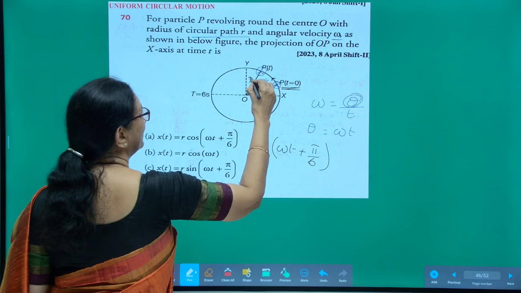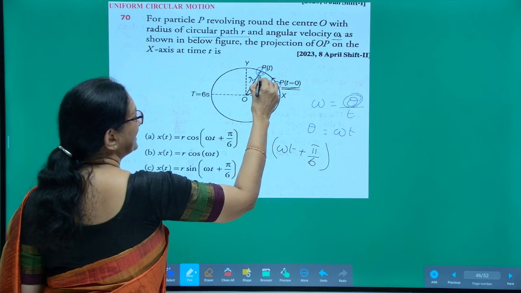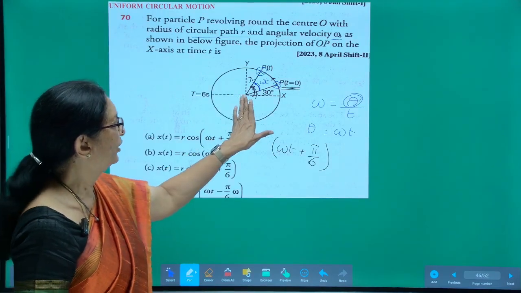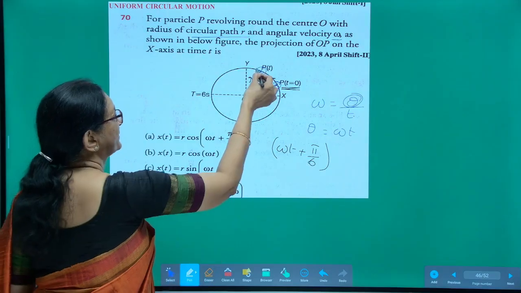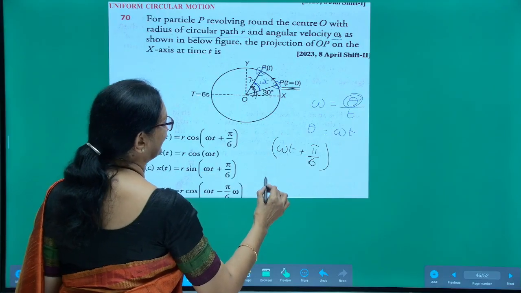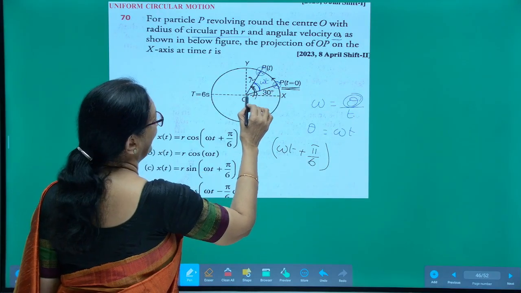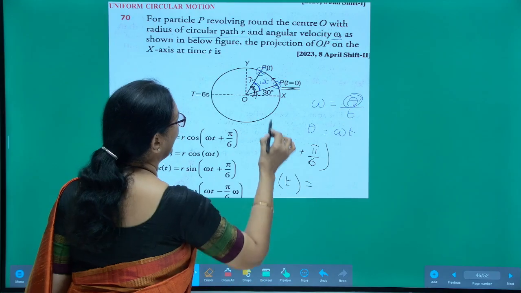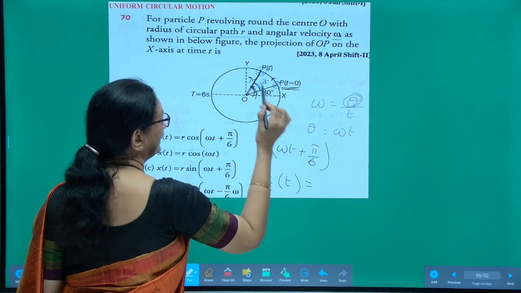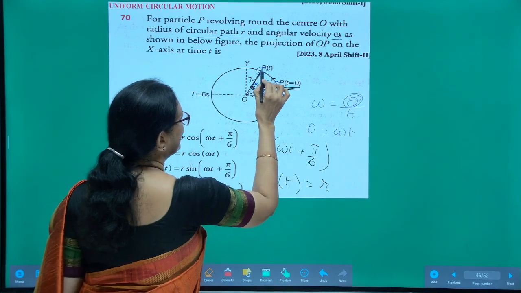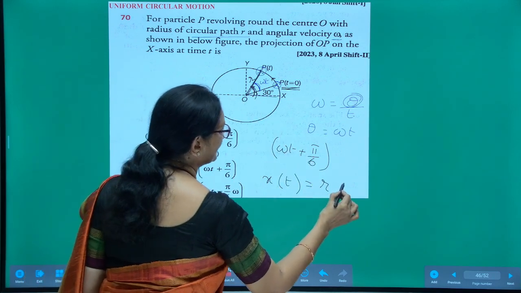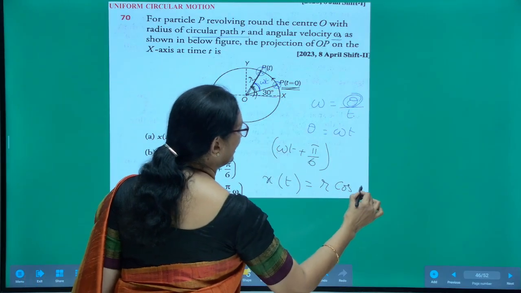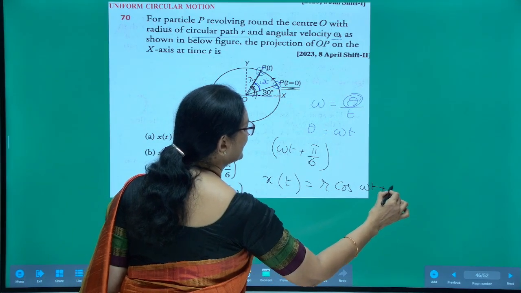Now this vector r bar is making an angle omega t plus pi by 6 with x-axis. Its projection on x-axis is nothing but its x component. So x as a function of time is r, its component along x-axis cos, angle made by that with x-axis is omega t plus pi by 6.